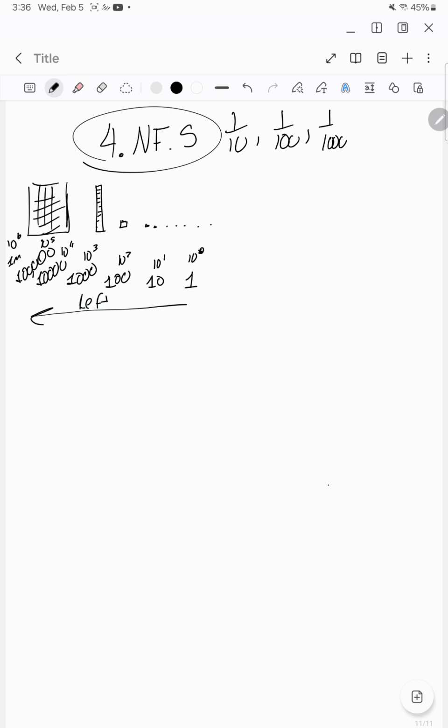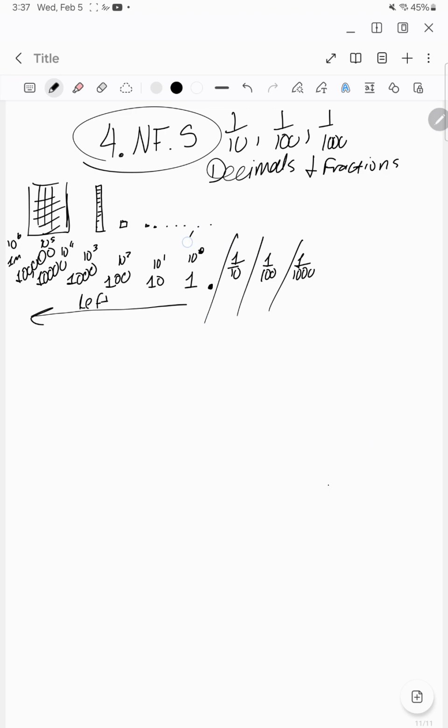Now, with decimals, which is what we're talking about this week, which is all about decimals and fractions within the powers of 10, it gets smaller. That decimal's there. After that, you have the tenths, and then you have the hundredths, and then you have the thousandths.